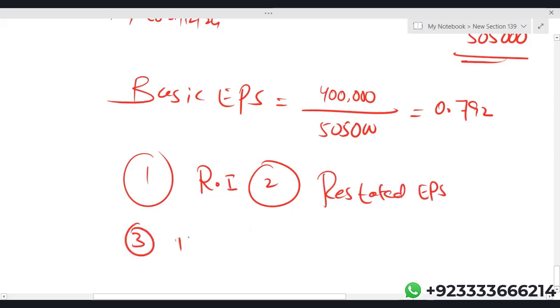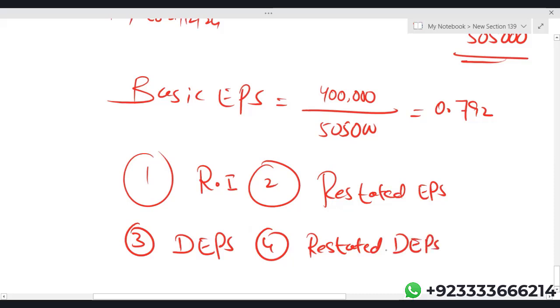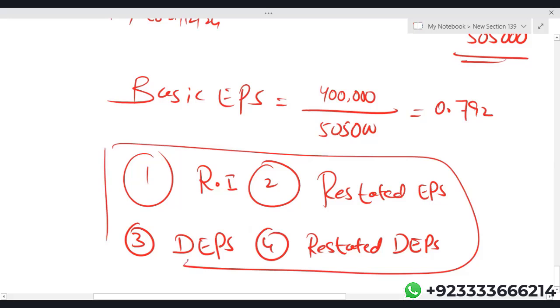We will be studying diluted EPS, and how do we restate the diluted EPS? Restated diluted EPS. So these are the concepts which we have to discuss in the coming class. How to deal with the rights issue, restated EPS, diluted EPS, and the very important concept is restated diluted EPS. To me, it is very important.